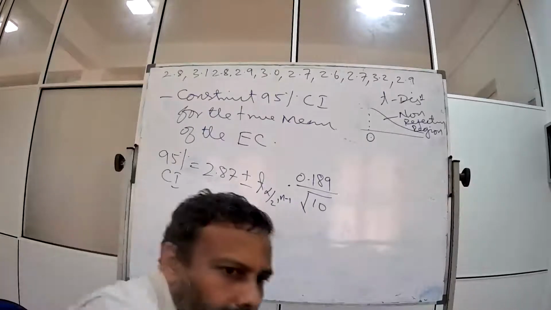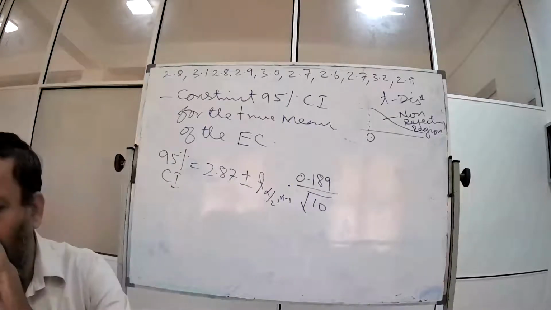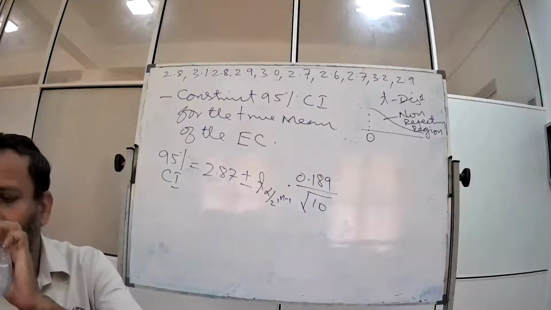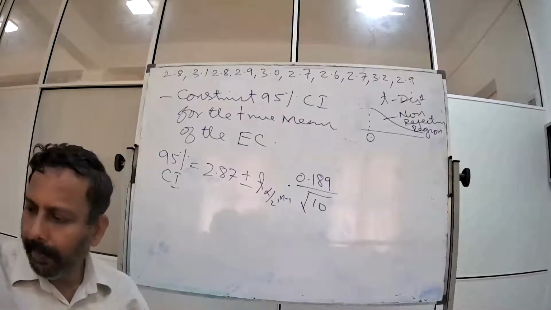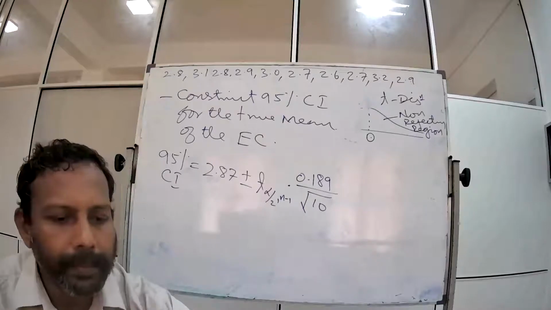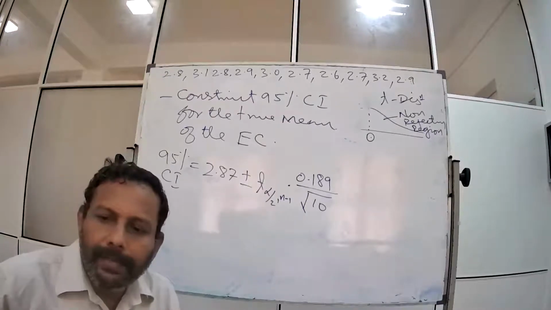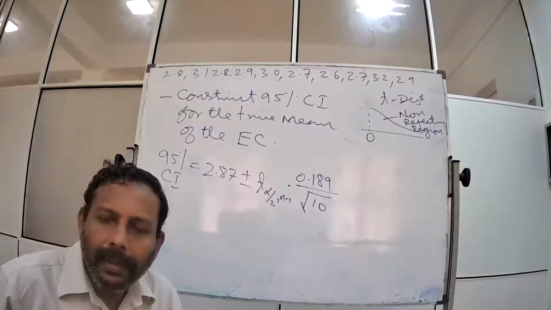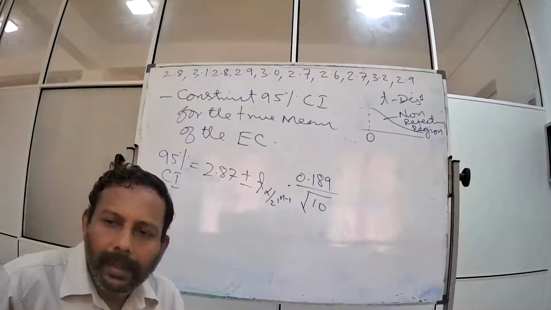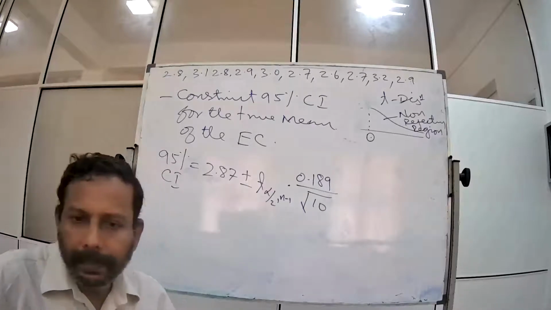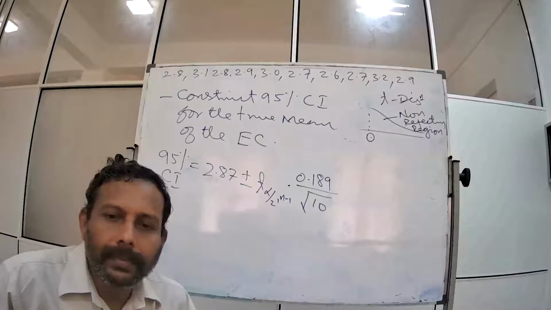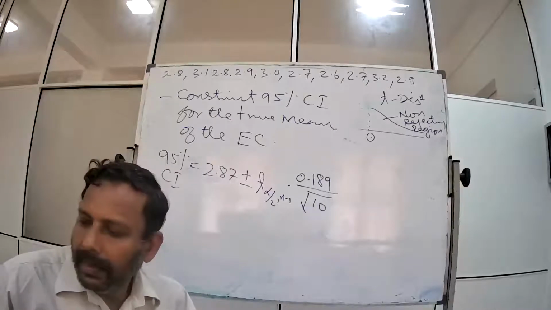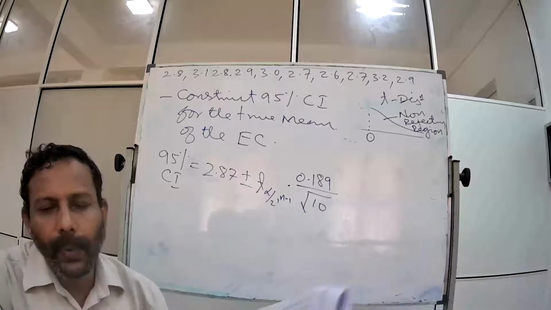What is the t value? Table value. This is for two-tail situation.